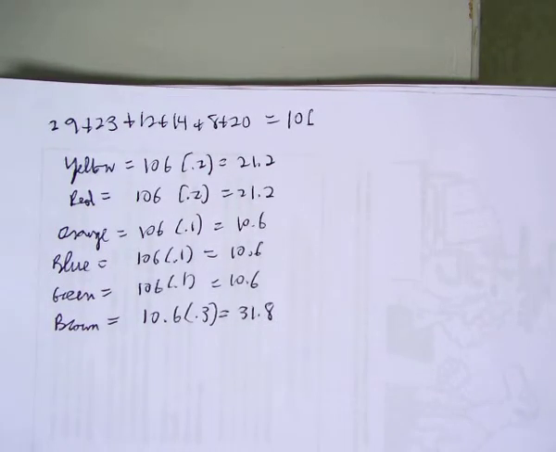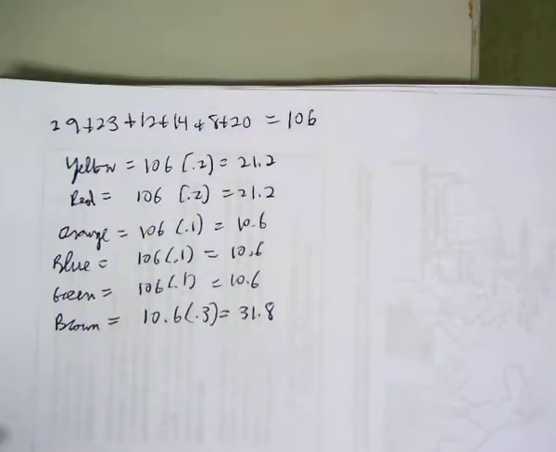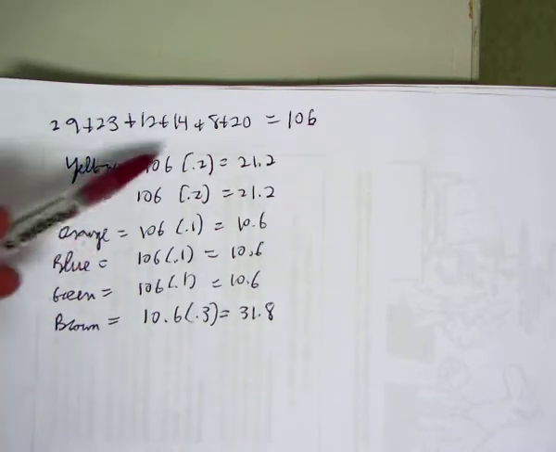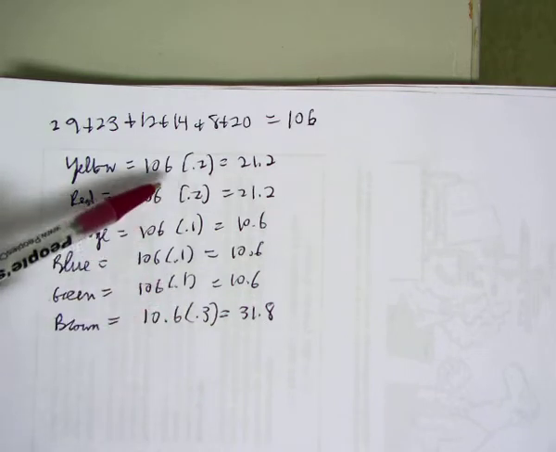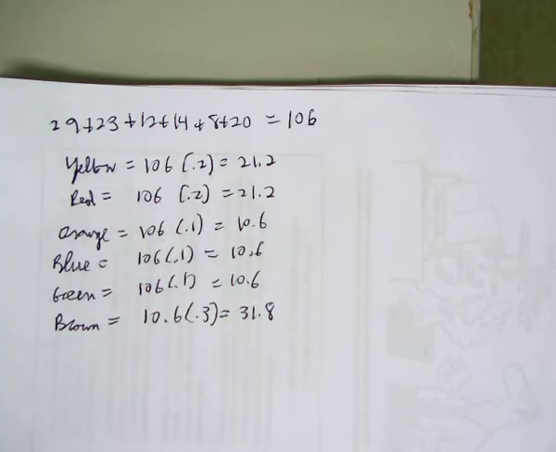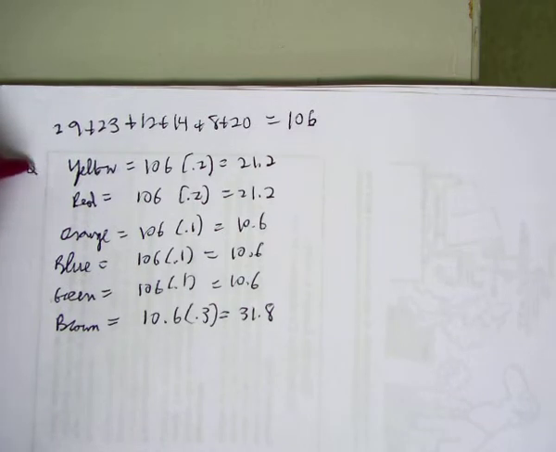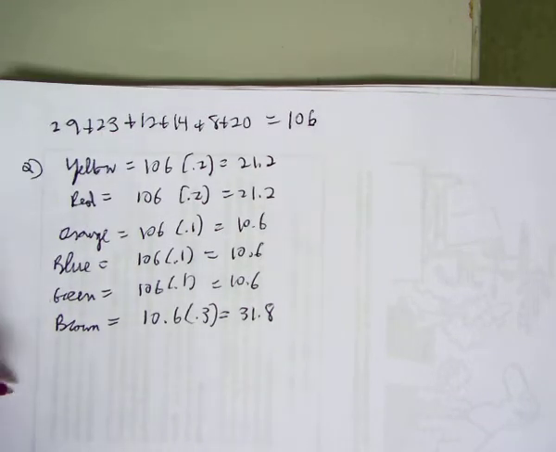So if you add up the colors that they got, which I did up here, you get 106. And then they told us the percentage of yellow, red, orange, blue, and green, and then the rest would have to be brown because those have to add up to 100%, so there'd be 30% brown. So I multiply 106 by each of those percentages, and that's my expected number from part A.